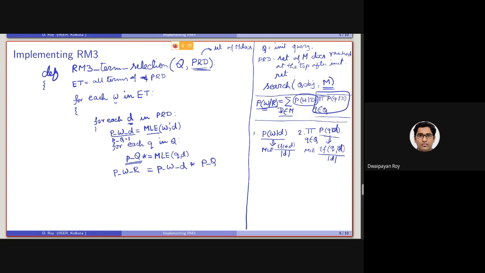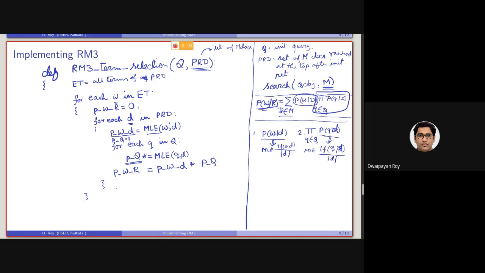Now this needs to be considered for all the documents, right? So for each word, we need to initialize a P(w|R). For each of them, we should initialize it with 0.